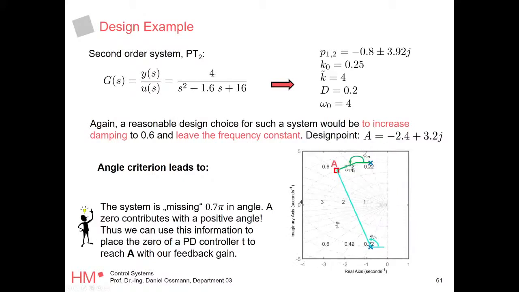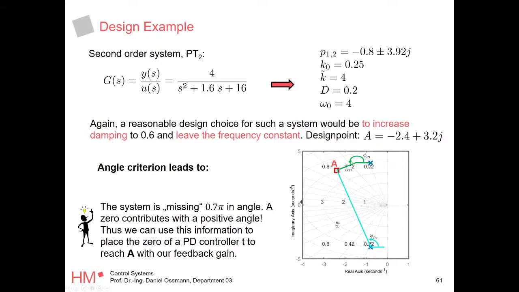We just want to increase the damping, coming from here, moving along that circle, to a point where we reach a damping of 0.7. Okay, no, we want to increase it to 0.6 at this point. This is exactly this line right here.